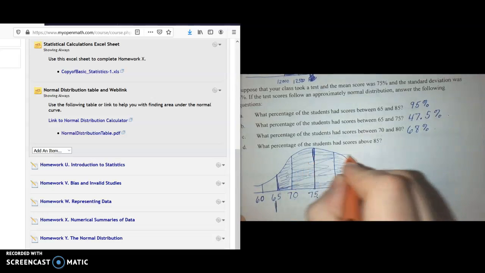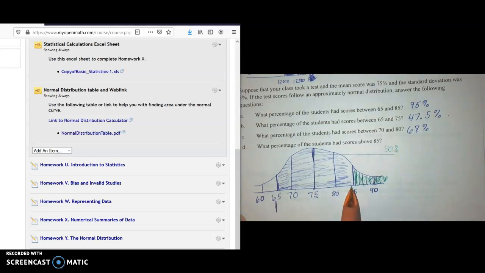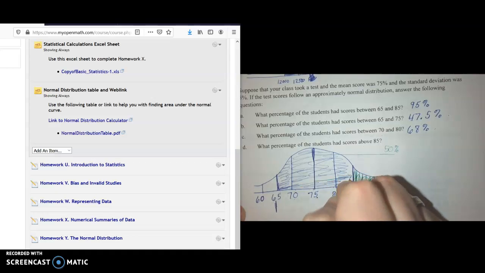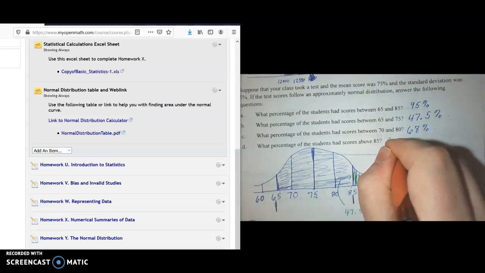I know this whole side is 50%, and I know from 75 to 85 is half of 95, which is 47.5. So all I have to do is take 50% minus 47.5%, and that's going to give me 2.5%.